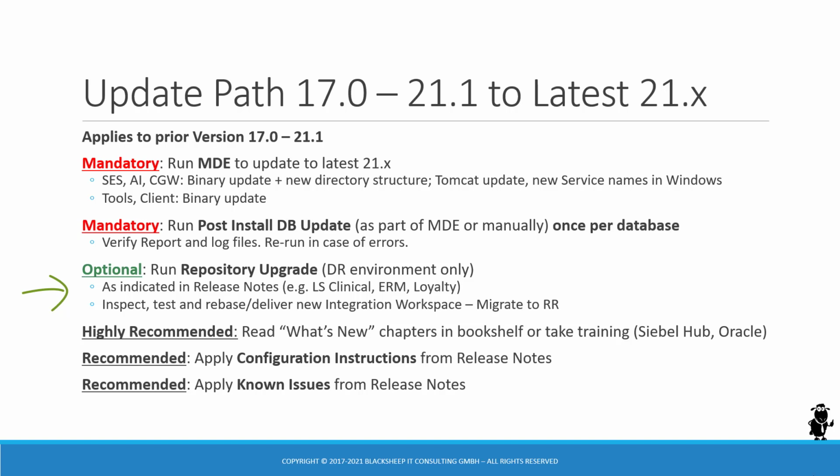The repository upgrade has been made optional. It always has been optional, but it has now a new infrastructure, since 21.3. You run it always against the DR environment only, and you have to check the release notes for the indication that you need to run repository upgrade to uptake certain features like the Siebel CRM application.